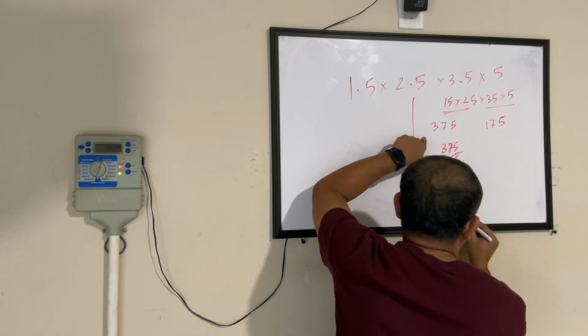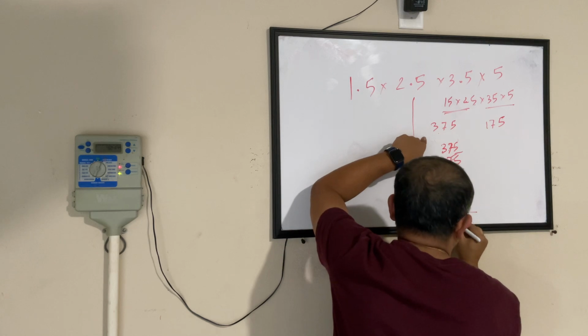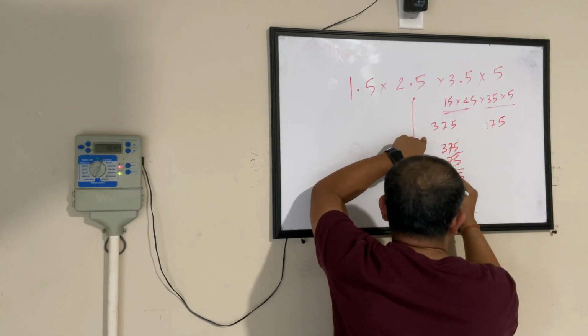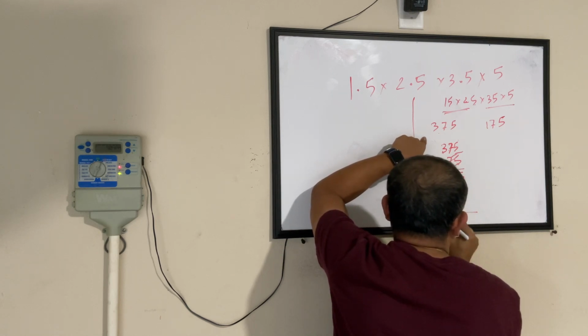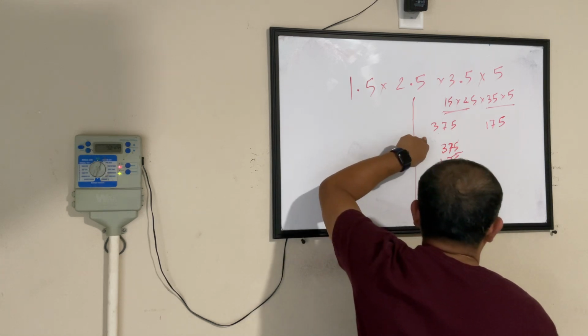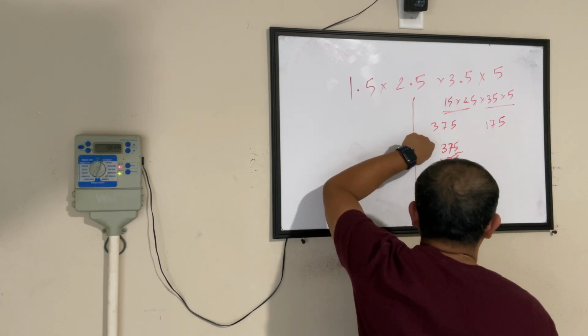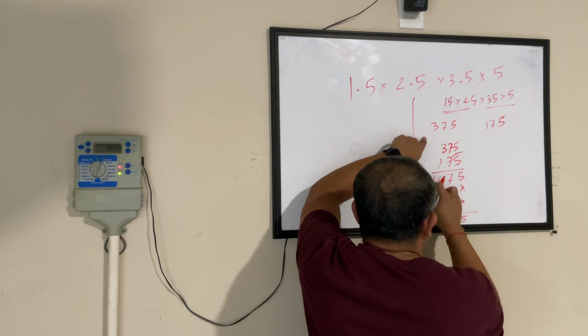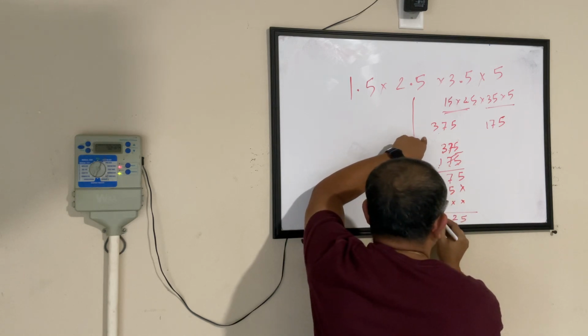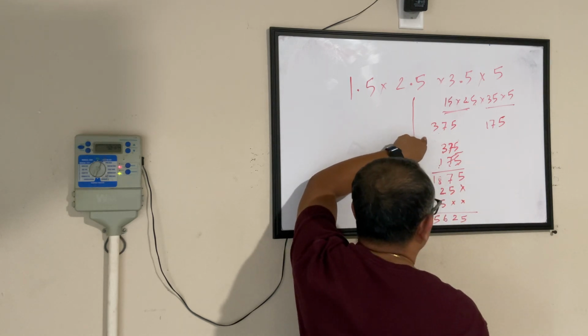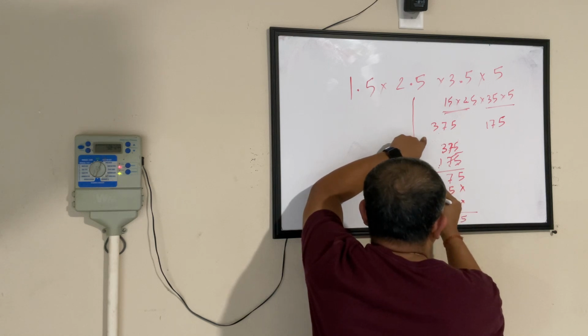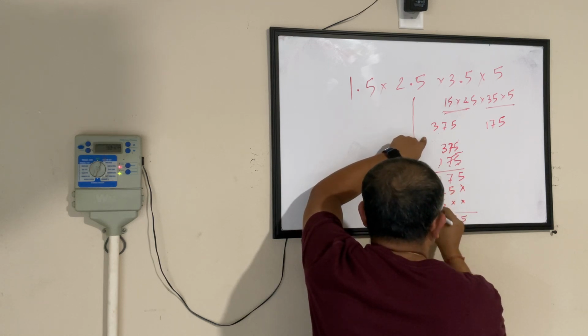It becomes 5, 7 plus 5, 12, 1 carry forward, 1 plus 8, 9 plus 2, 11 plus 5, 16, 1 plus 1, 2 plus 6, 8 plus 7, 15, 1 plus 2, 3 plus 3, 6.